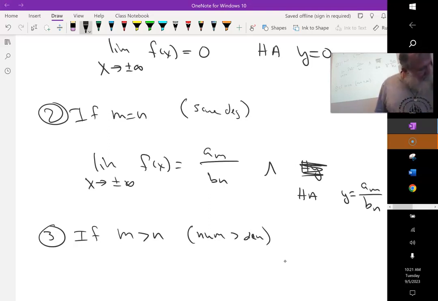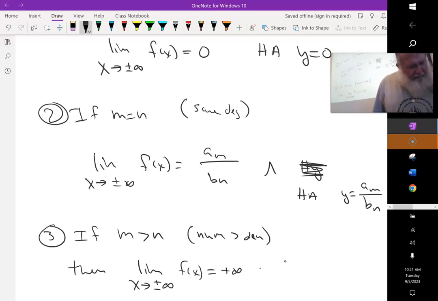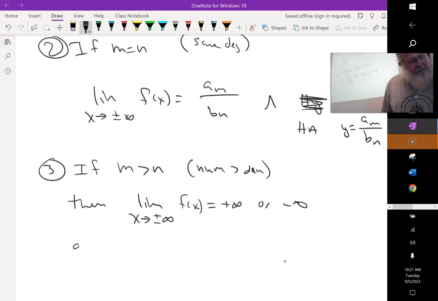Then the limit as x goes to either positive or minus infinity of f of x either equals plus infinity or minus infinity, and we'd have to do some more exploration. And we have no horizontal asymptote.